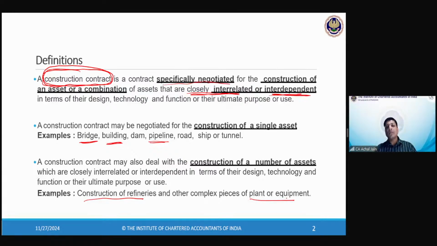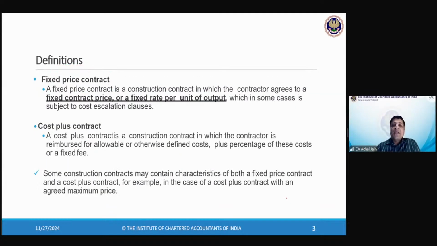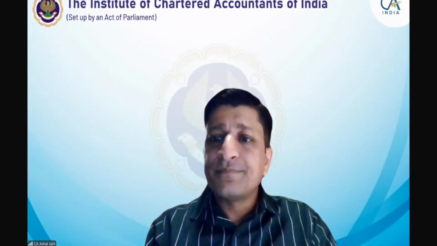Now, in relation to construction contract, as a next step, we'll pick up some examples. Maybe you can refer to your study material as well. Let's pick up some examples, and with the help of some examples, we'll now try to do a deep dive into this construction contract.